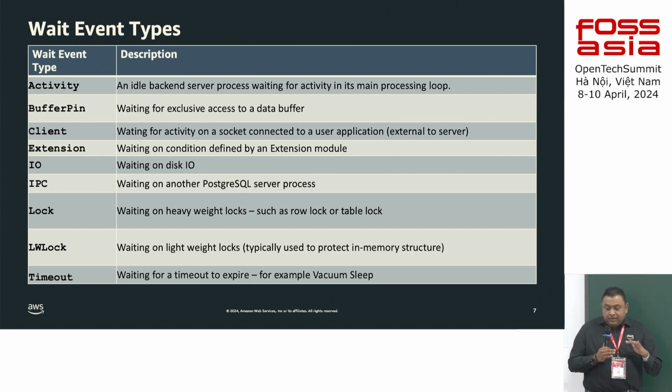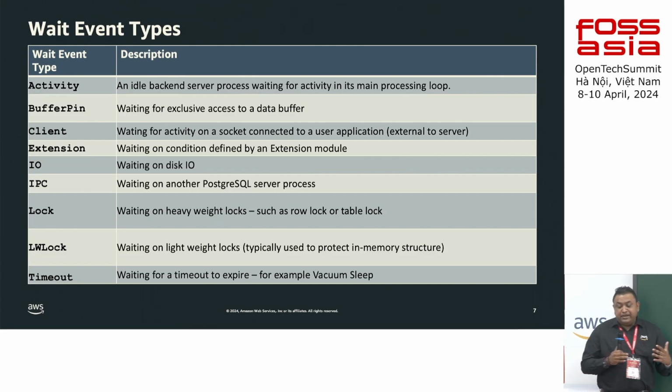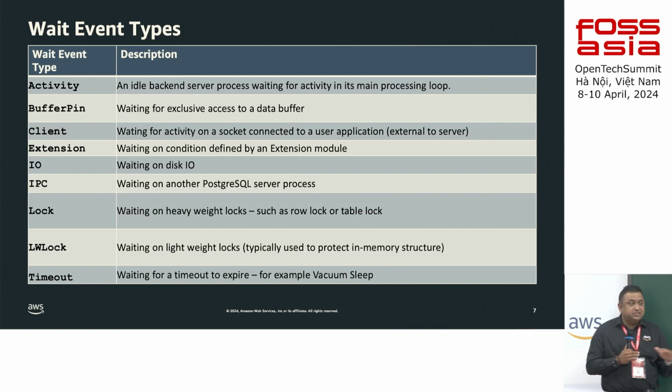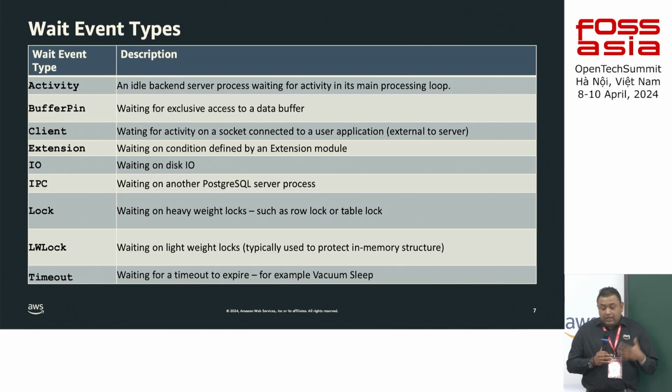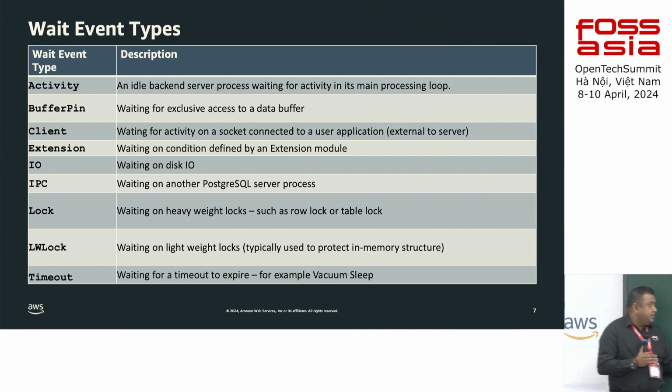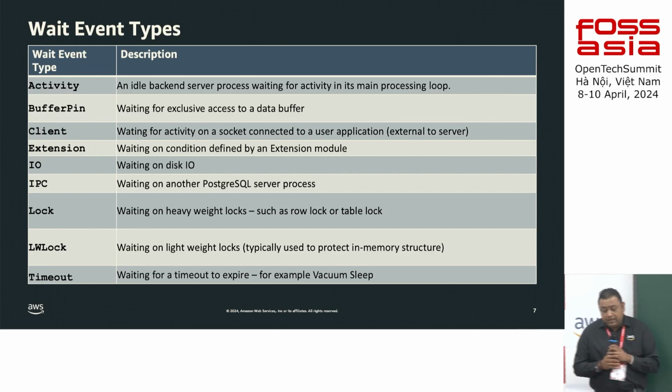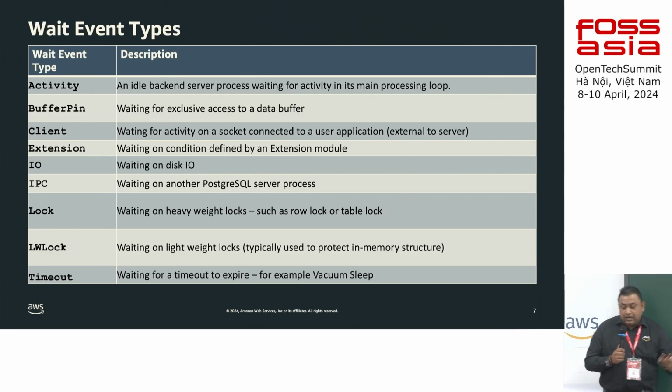So the wait event type provides information on the nature of the wait and what the session is currently waiting on. It's indicated by the wait_event column that you'll see in pg_stat_activity as well. A session in the active state can go through different wait types for the life of the query.